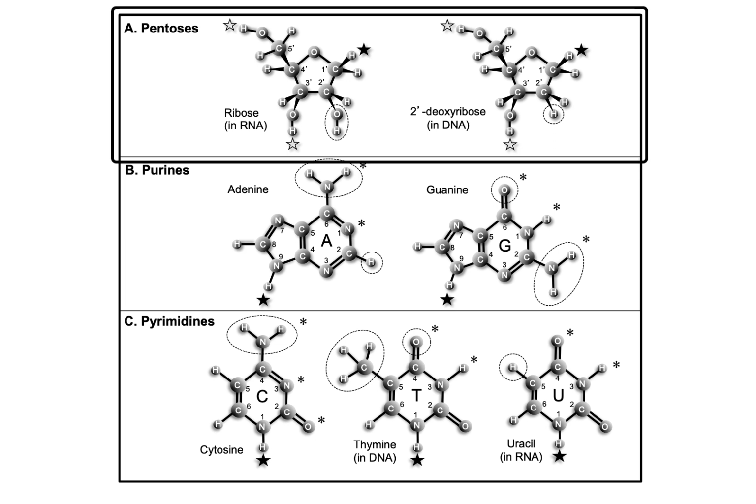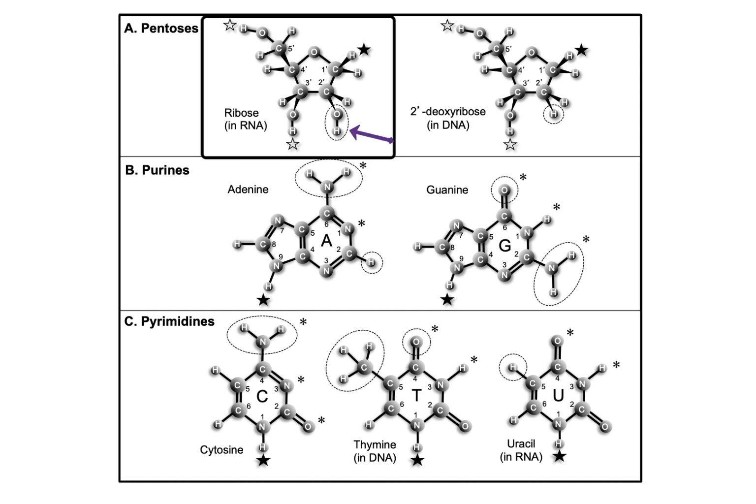So here are the pentoses, ribose with its hydroxyl here, and right here on the 3' and 5' parts of this molecule, which is where you have the backbone eventually of the DNA or the RNA. And then on the 1' carbon is where they're attached to the base.